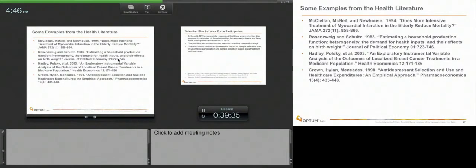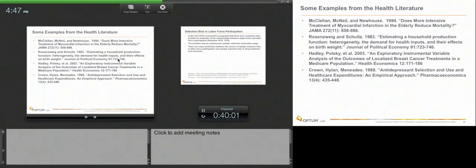There are lots of examples now of the use of instrumental variables in the health economics literature. The most famous citation is McClellan, McNeil, and Newhouse, who used distance from cardiovascular centers as an instrument for access to care and severity.